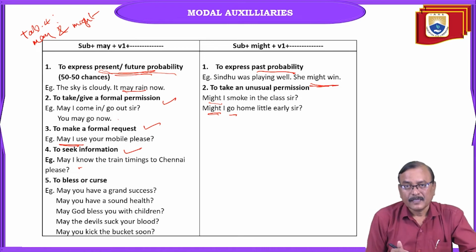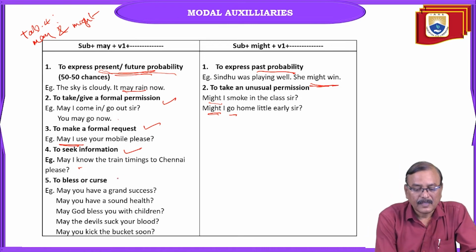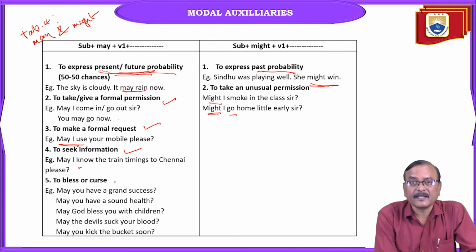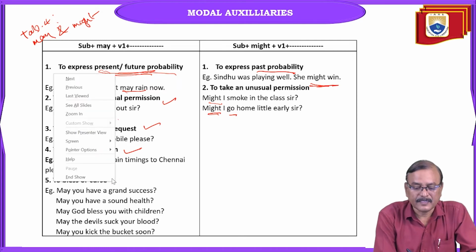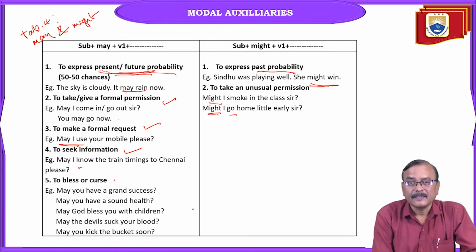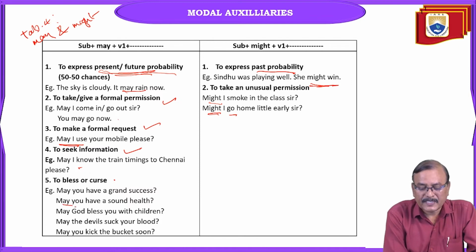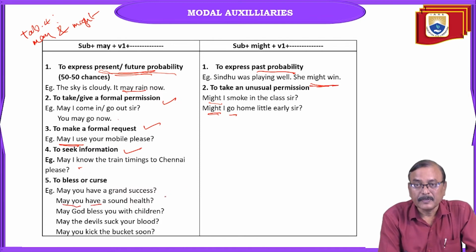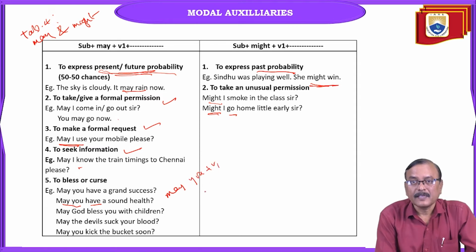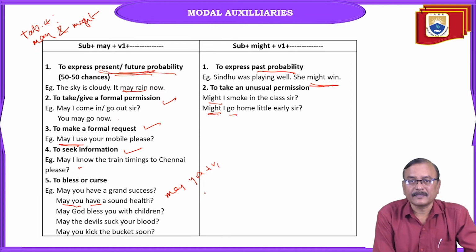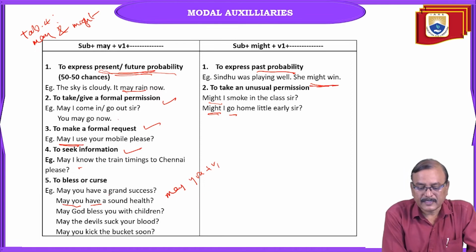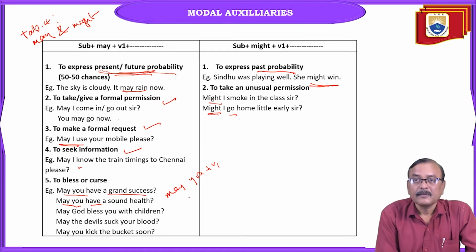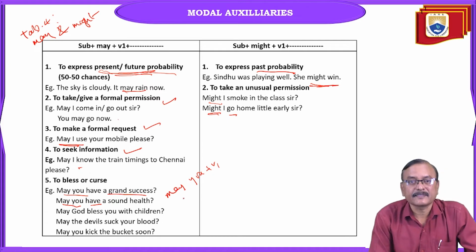Right? Next, another one is to bless or curse. "May you" plus V1 form. Here, may you have a sound health. May you have a grand success. Or you may have a grand success.